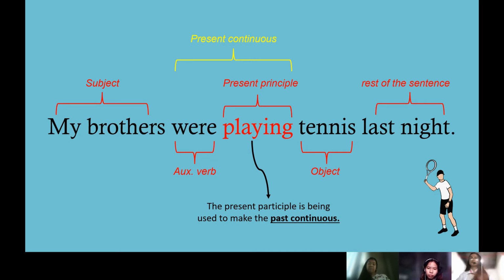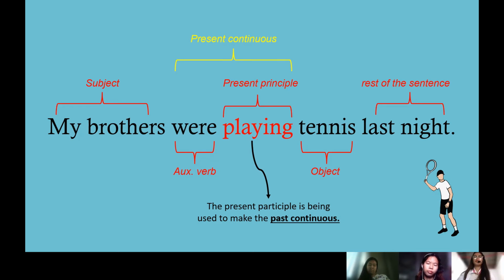So let's see. Our subject is my brothers, while our auxiliary verb is the word were. Playing is our present participle. Tennis is our object. And the phrase last night is the rest of our sentence, which gives us further information about the message being told.